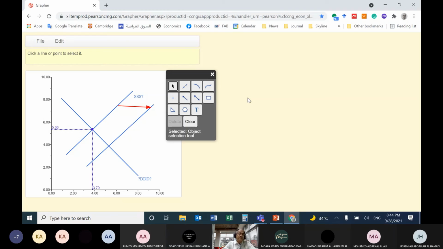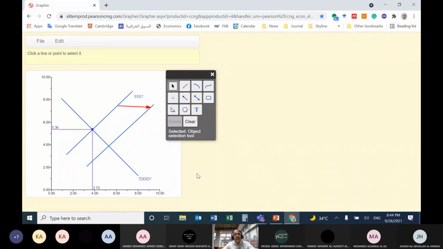How do you know? Take a single price, for example this price. At this price, producers will produce more. They used to produce 6, now they produce 9. So this is an increase in supply.